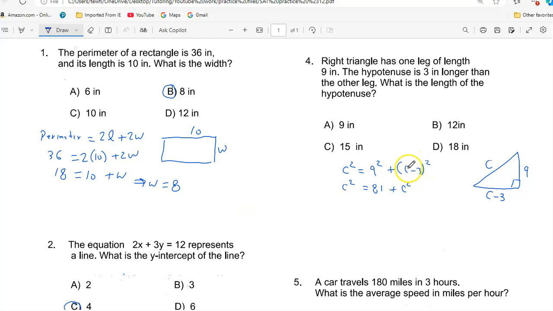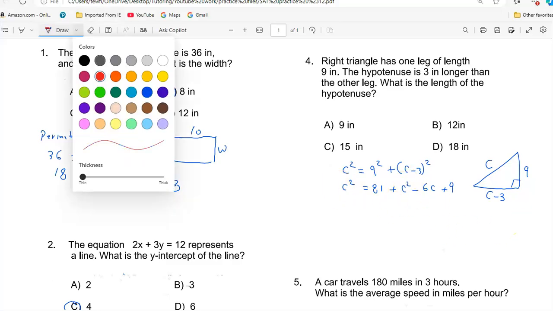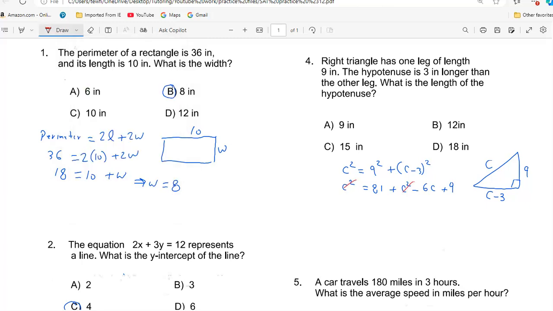Squaring a binomial: first squared, double the first times the second with this sign, which is negative, so it's negative 6C. And you square the negative 3, that will be positive 9. If I subtract C squared from both sides, the C squared cancels with this square.